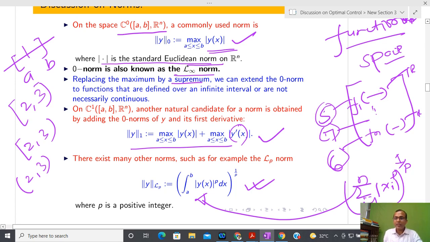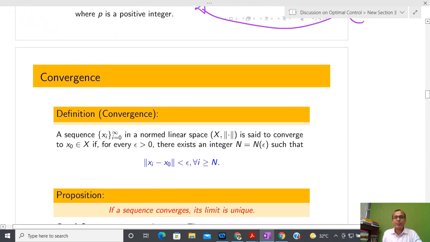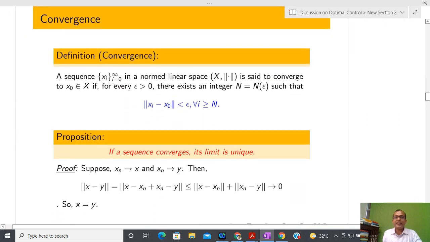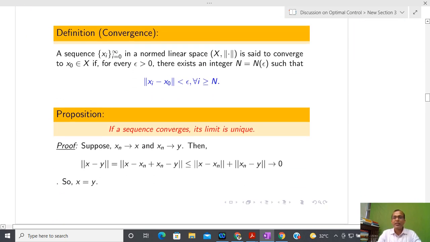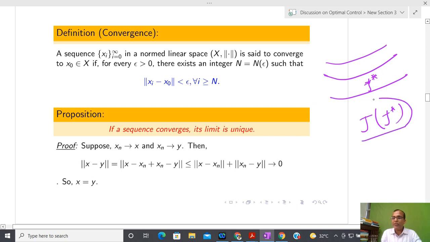Now let us come to another notion, that is the notion of convergence. What we have seen is that, suppose I am solving some kind of extremization problem, where this function is going to minimize this functional. Whatever value comes out should be the least.